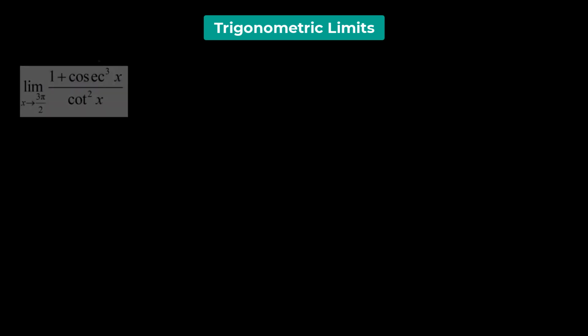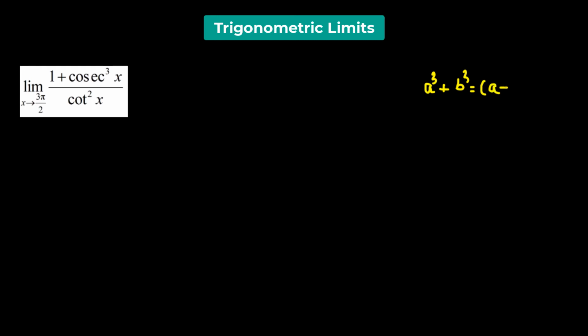Let us do another. So here we have 1 plus cosec cubed x over cot squared x. So we are going to expand the numerator because it's in the form of a cubed plus b cubed, which is simply equal to a plus b times a squared minus ab plus b squared. So let us expand the numerator.